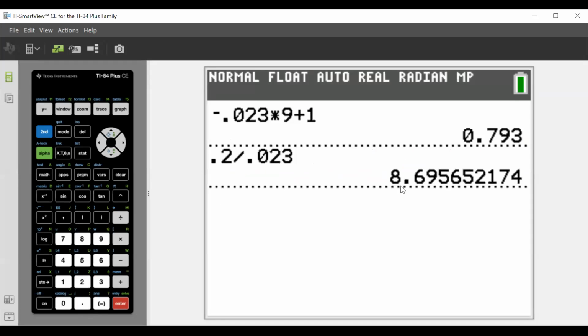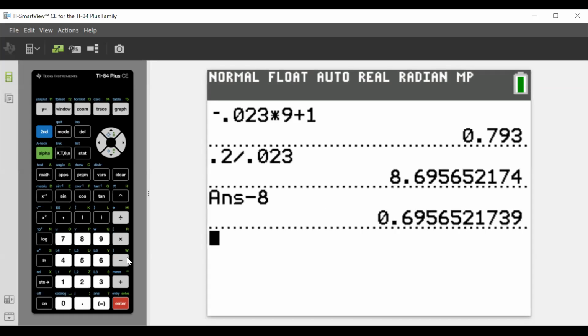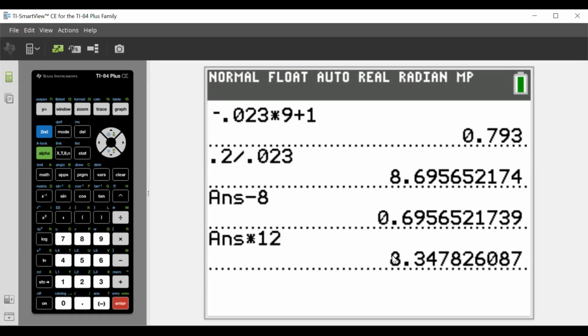So we have 8 years, and we need to write this down, 8 years. And so we need to subtract that off. Let's subtract off 8, and that's going to be the number of months, so we have to multiply that by 12 to get that. It's going to be 8.34 months. 8 years and 8.34 months.